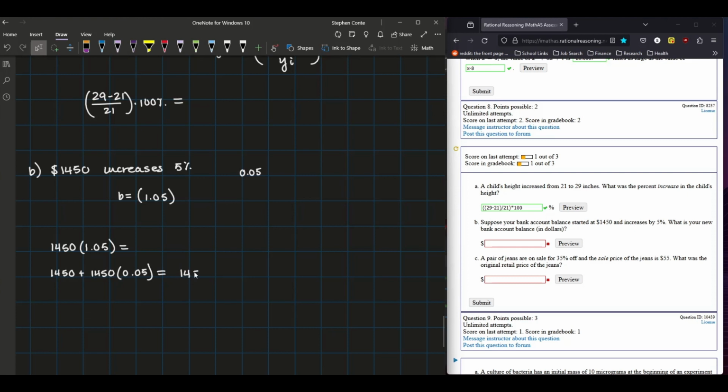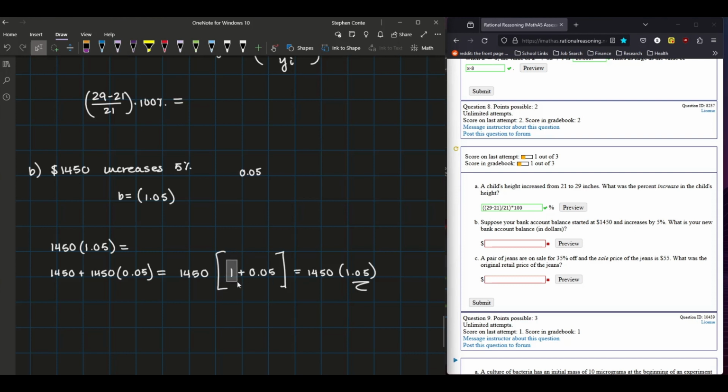So I can say 1450 in big brackets is 1 plus 0.05, right? Which is just 1450 times 1.05, which is our growth factor. So you could write it like this, which is the long way, or you can just simplify it and rewrite the percent increase that we want as a growth factor.